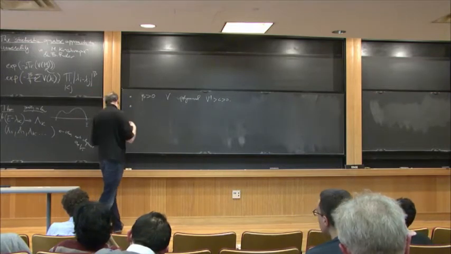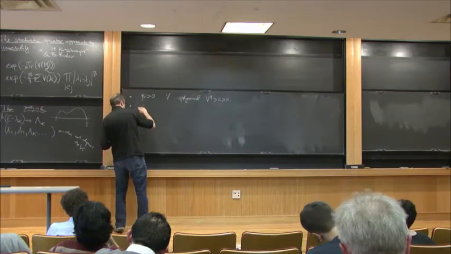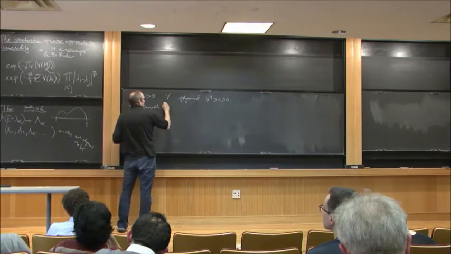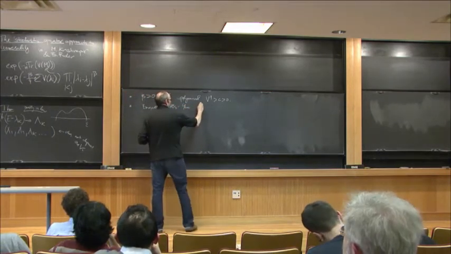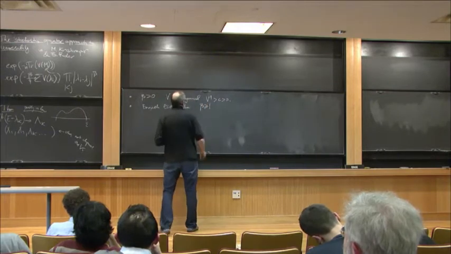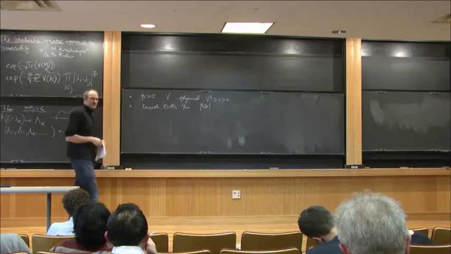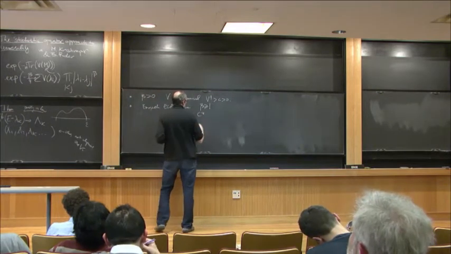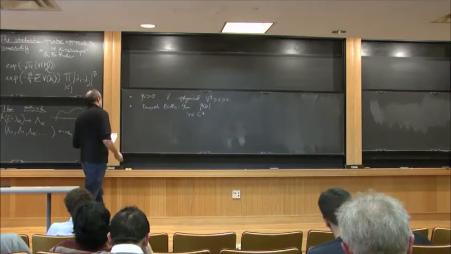There is a proof by Bourgade, Erdős, and Yau, where beta has to be at least 1, but V can be essentially anything. It just has to have 4 derivatives. And then there are some decay conditions just so that the eigenvalues don't fly out to infinity, but that's all.